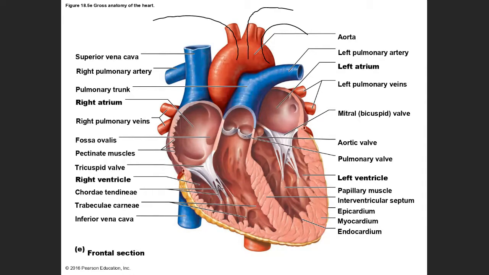Okay, don't forget about that. This is simply the blood flow through the heart. It's a one-way flow. Any questions about this? Any question? So you guys good to go? Good to go? Excellent.